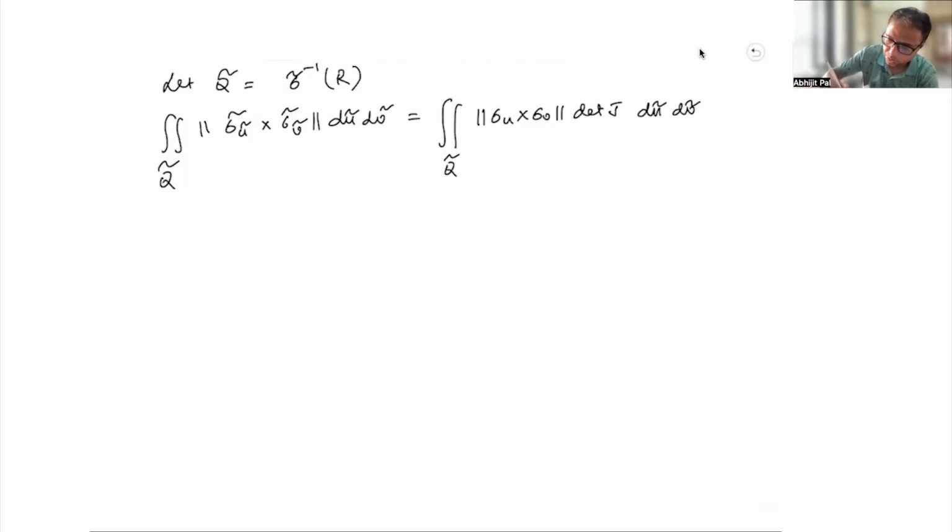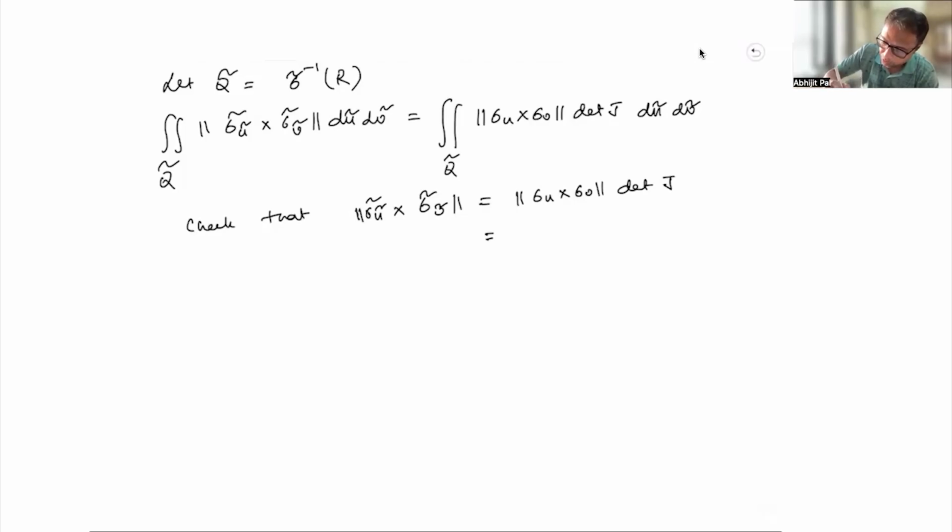Okay, so why is this true? You can check that the norm of the vector product of sigma tilde u tilde with sigma tilde v tilde is equal to the norm of sigma u cross product with sigma v times the determinant of the Jacobian matrix.